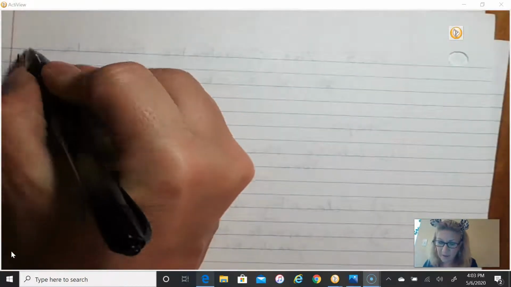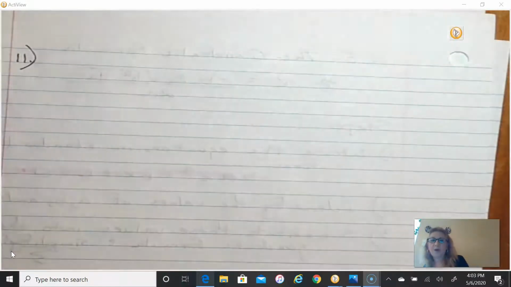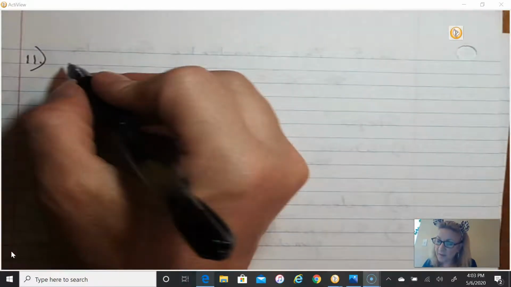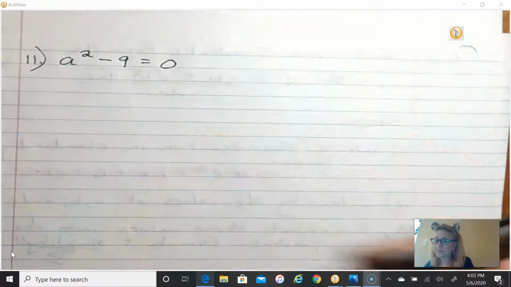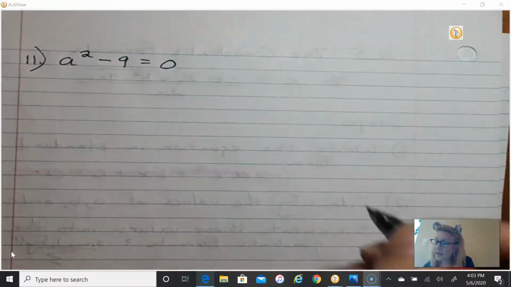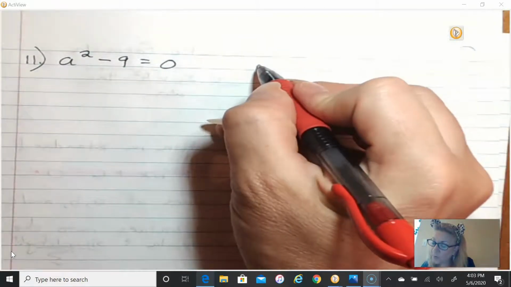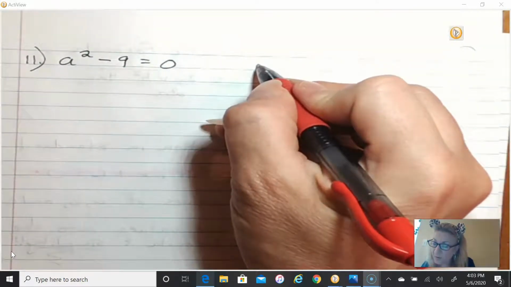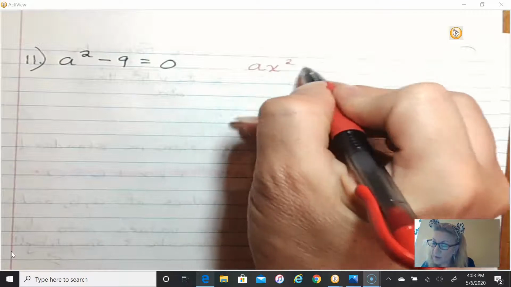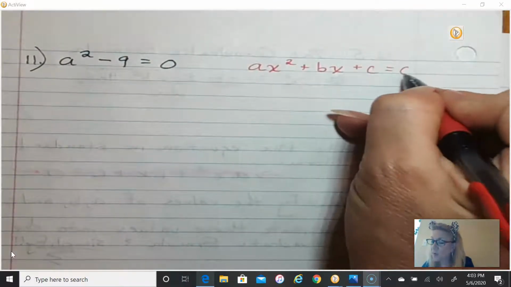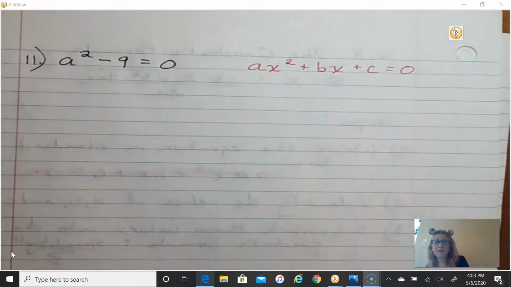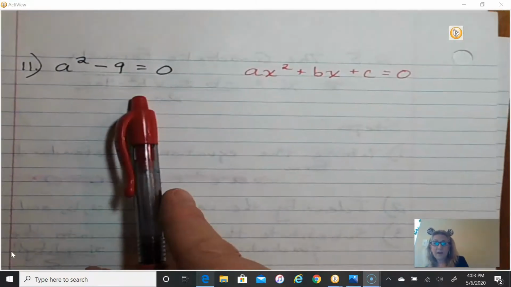This time I'll have a little bit more space. Okay, the problem for number 11. a squared minus 9 equals 0. All right, if the form is supposed to be ax squared plus bx plus c equals 0, would this be, it's already in correct form, right?